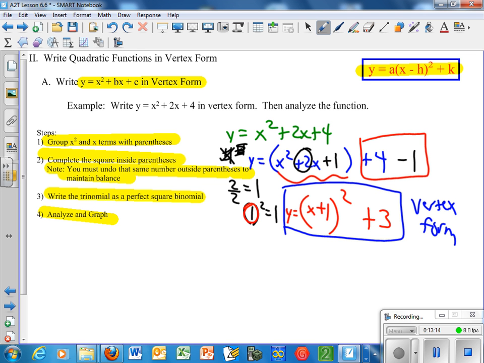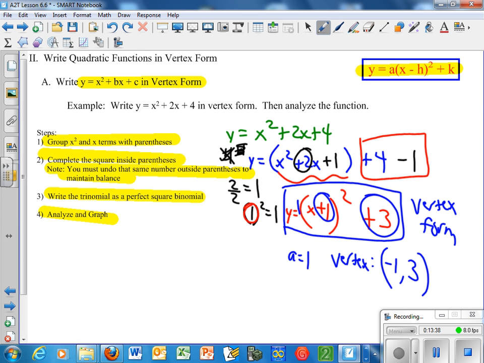So if we wanted to analyze and graph this, and we're not actually graphing this one because I didn't give you a graph, a would be 1. There'd be a 1 out in front. So this is going to have the same width as y equals x squared. The vertex would be at, take the opposite of this, which is negative 1, same sign as what's out here.